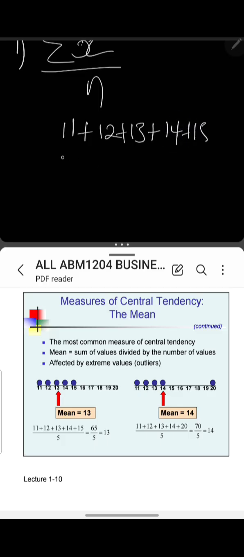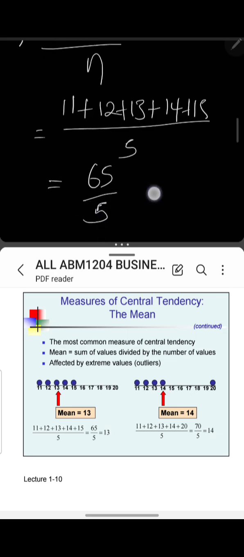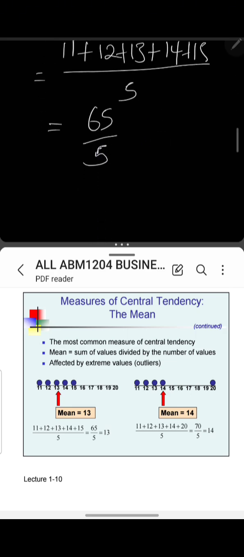If you add this, you get 65. 65 divided by 5 is 13. 13 is the mean.